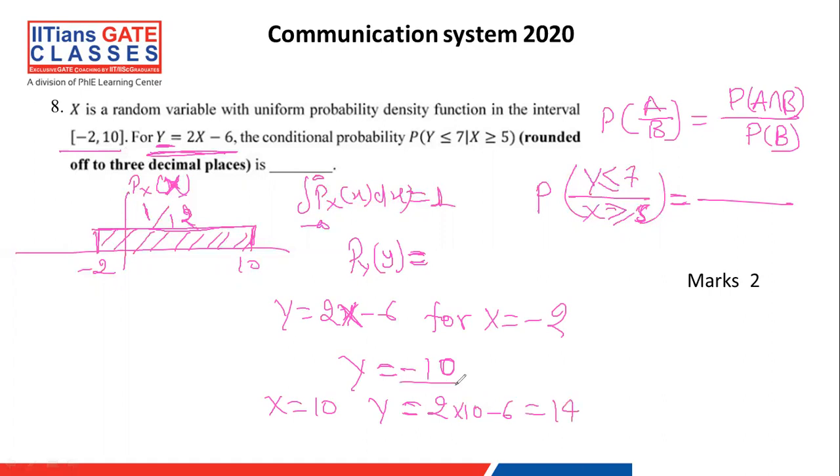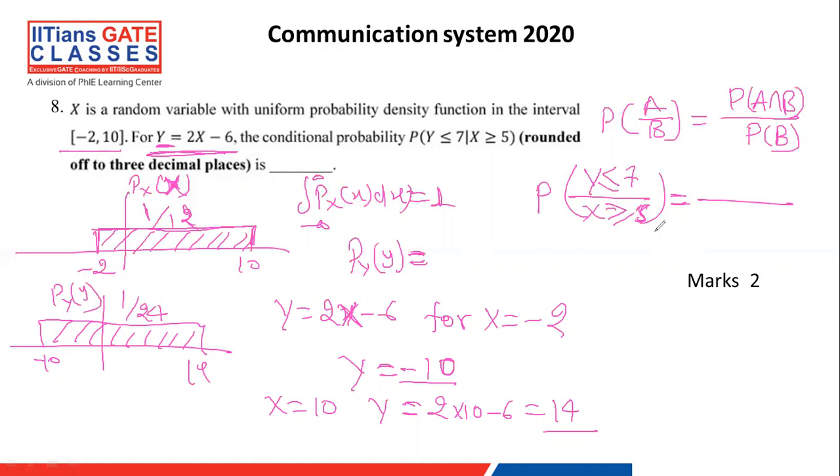So y will vary from minus 10 to 14. And again, for this also, the area under the curve will be equal to 1. So its height will be 1 by 24. That is p_Y(y).